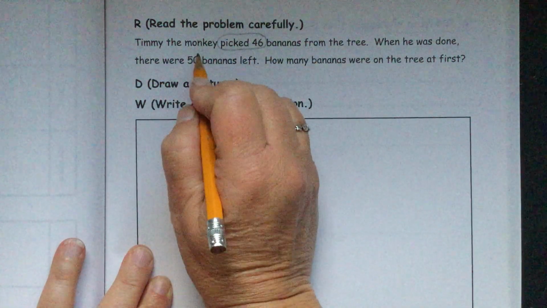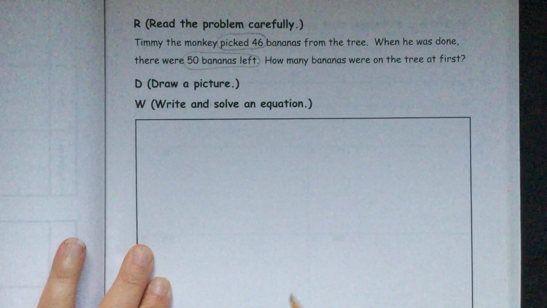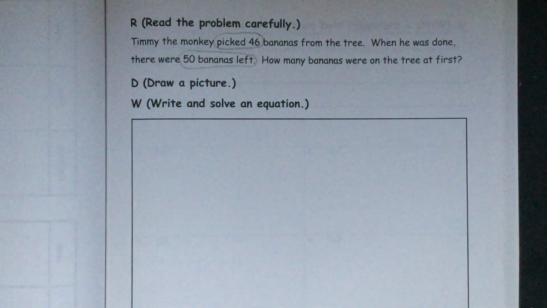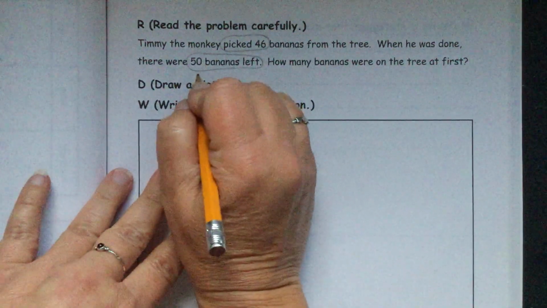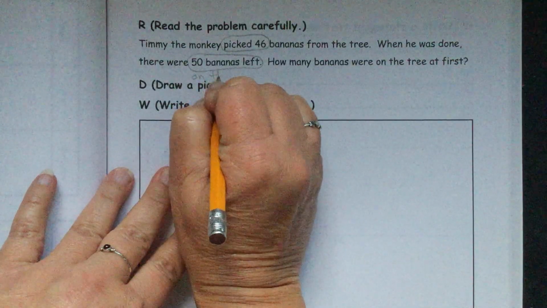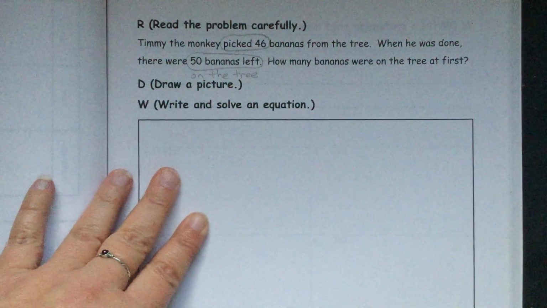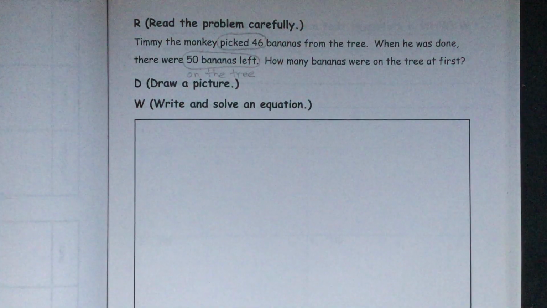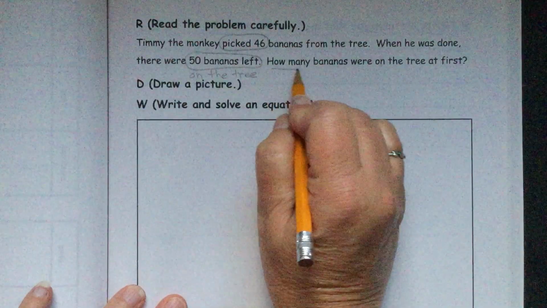When he was done, there were 50 bananas left. Now, I think it would have been more clear if they said there were 50 bananas left on the tree. So I'm just going to write that down. On the tree. Because that's really what they meant. So, how many bananas were on the tree at first?